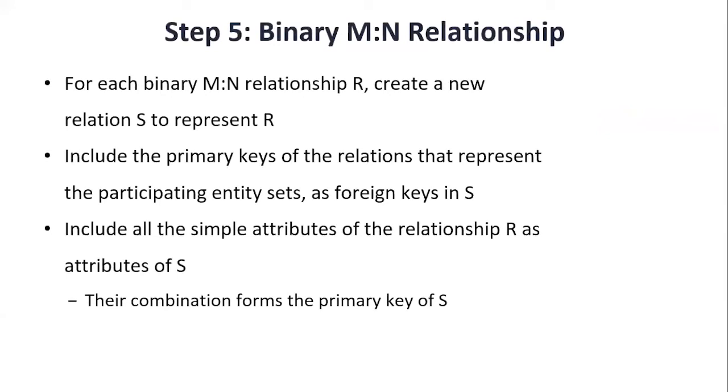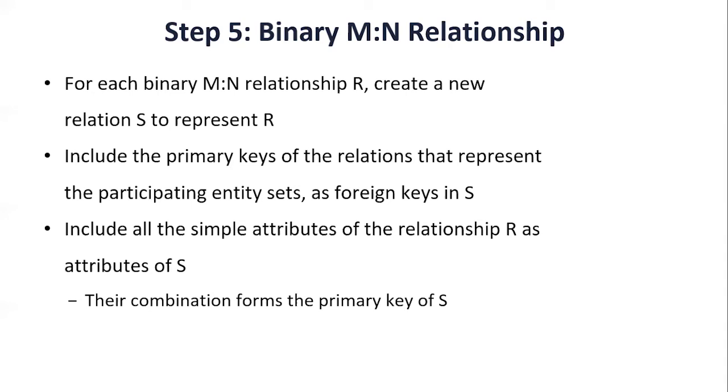And step 5 says binary M to N relationships. For each binary M to N relationship, that is many to many relationship R, create a new relation S to represent R. So you can notice that since these are many to many relationships, now we can't include primary key of either of the tables in the other table as a foreign key, since it's a many to many relation.